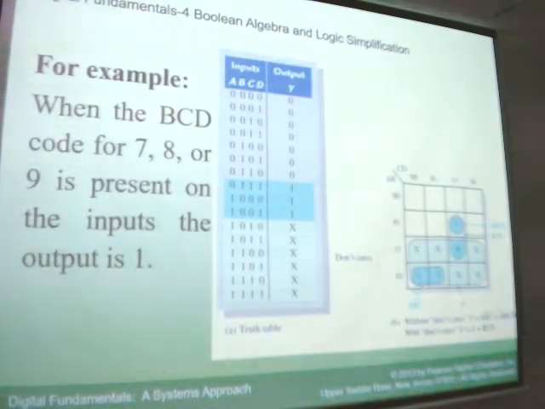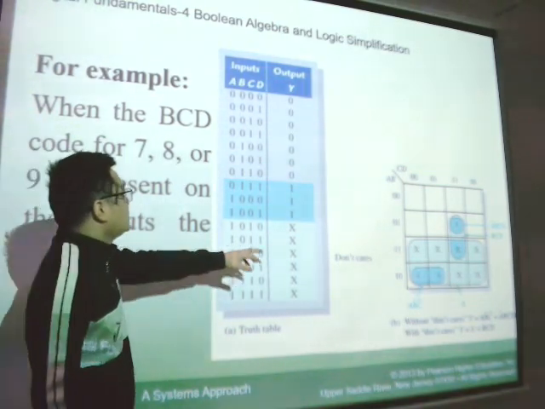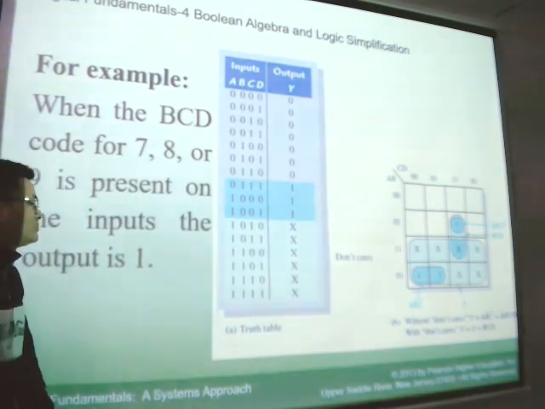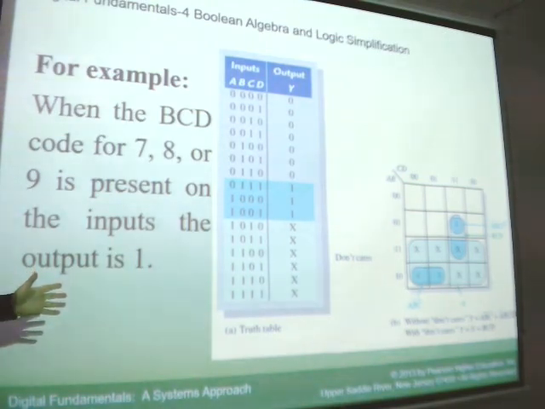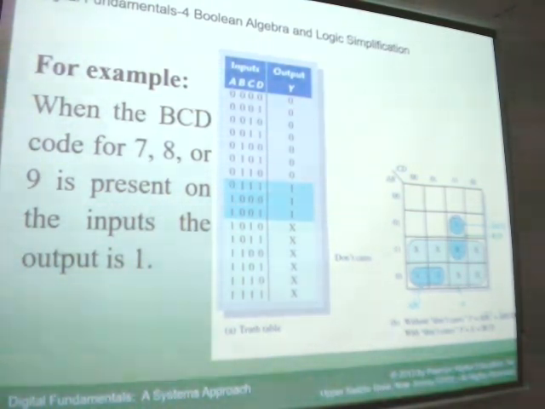For this example, BCD code. If the BCD code is 7, 8, or 9, then the output is 1. What is the minimum SOP expression?